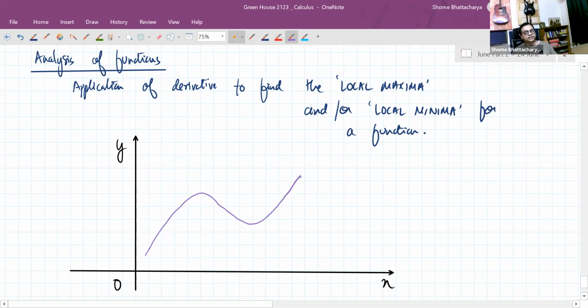And the opposite of that, where it dips, is called the local minimum. So if this is a function y equal to f(x), where at some point, let's say x equal to a, the function is reaching a peak point, that peak point is called the point of local maximum.